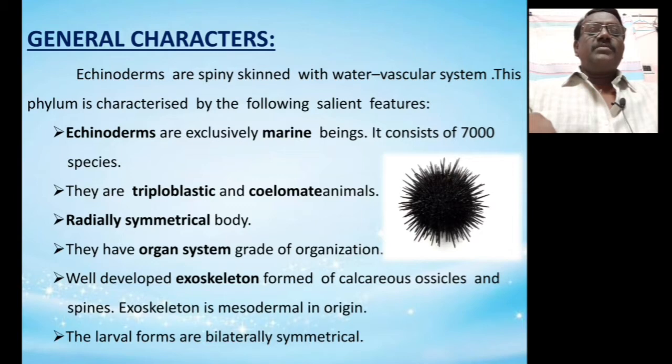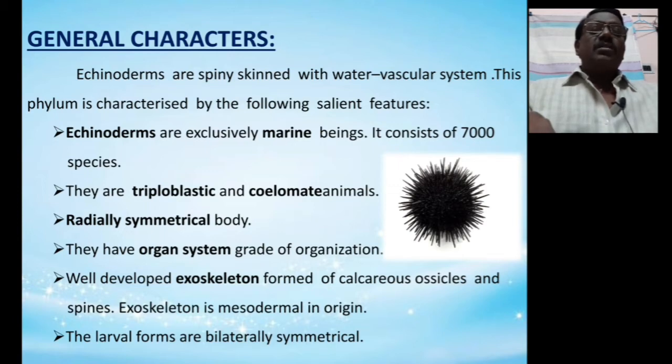If the notochord is present, those animals are commonly called chordates. If there is no notochord, they are called non-chordates. Likewise, if the animals have a vertebral column, they are called vertebrates. If there is no vertebral column, those animals are called invertebrates.